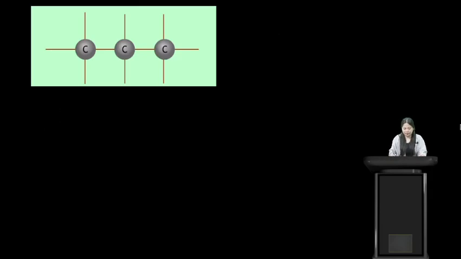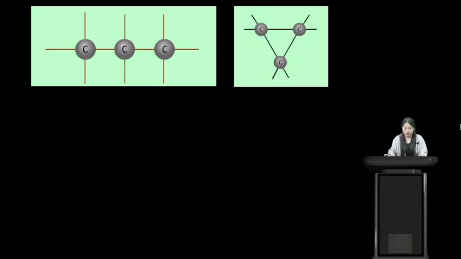Here we have 3 carbon atoms joined together to form a compound in a straight chain. Again, we have 3 carbon atoms, but arranged in such a way that they form a ring structure. Remember this, students: to form a ring structure, the minimum number of carbon atoms required is 3, because if we have only 2, it cannot form a ring.